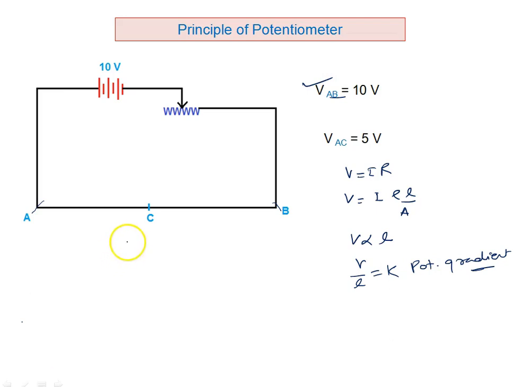And if C is the center point, the middle of A and B, and I ask you what is the potential difference across A and C, you will say 5 volt. Similarly, what is the potential difference across C and B? Again, you will say it is 5 volt. It means if the voltage is 10 volt here, it should be 5 volt here, and this is negative, we can assume it is 0 volt.